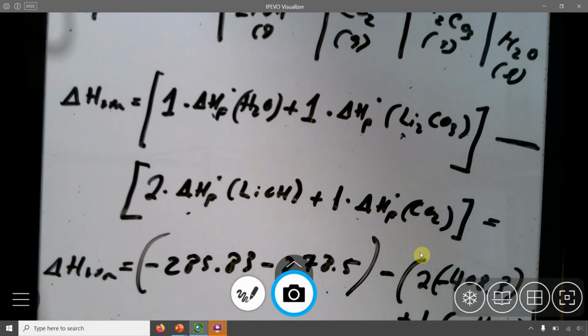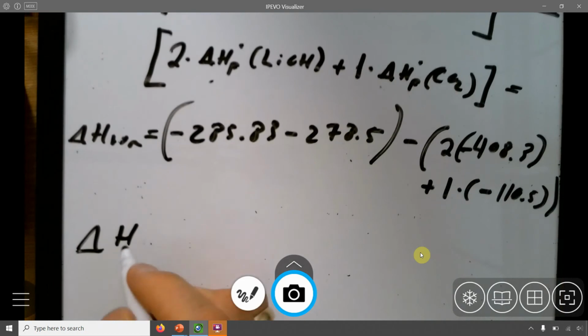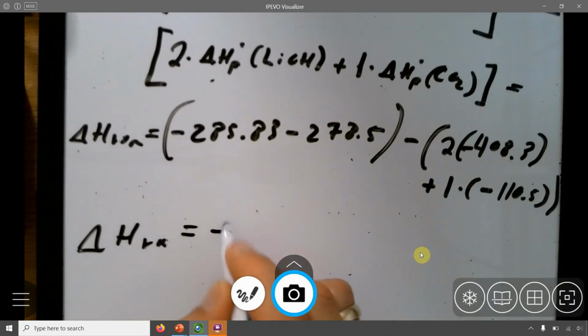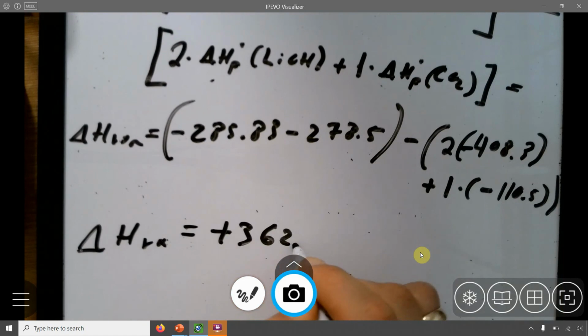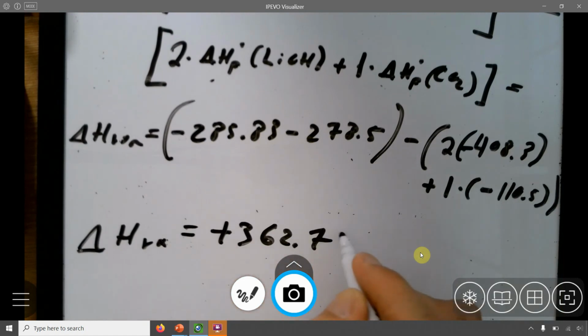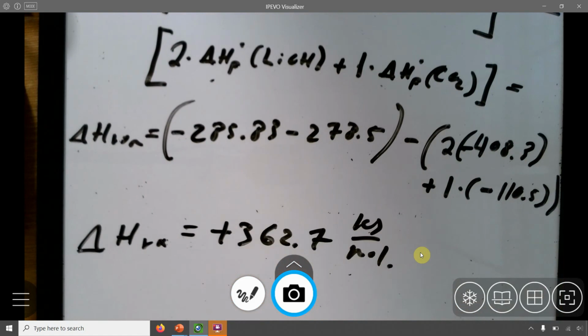And when I add them all up, I get that this is positive 362.7 kilojoules per mole. So that's basically it.